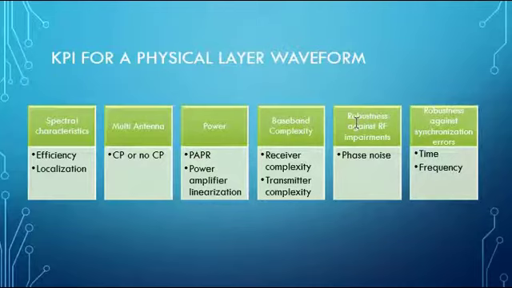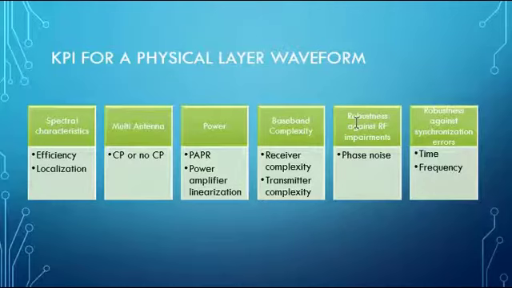Likewise, LTE uses the classic CP based, cyclic prefix based, OFDM waveform, and it has advantages like it is robust against frequency selective fading, and the channel equalization is simpler.